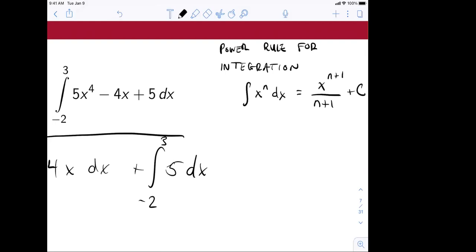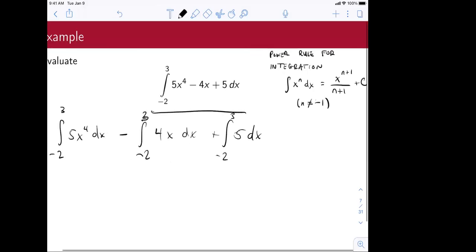Now, remember, if I'm doing an indefinite integral, I do need the plus c. This holds for n not equal to minus 1. So this is what we're going to use here.